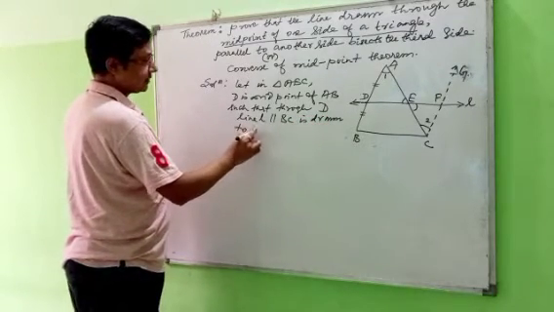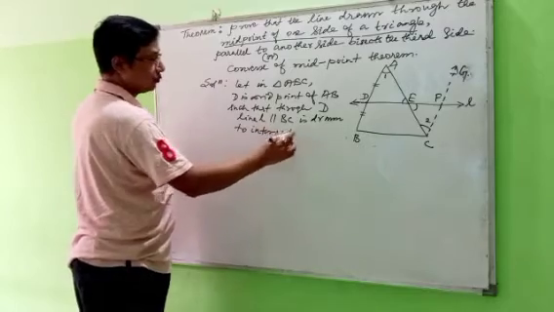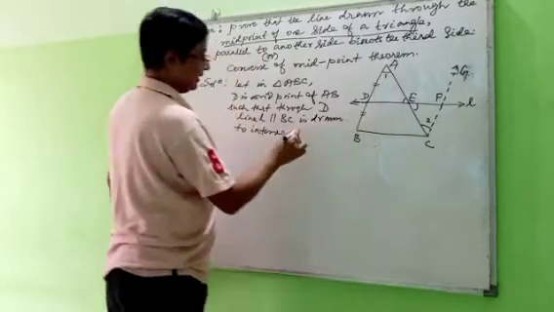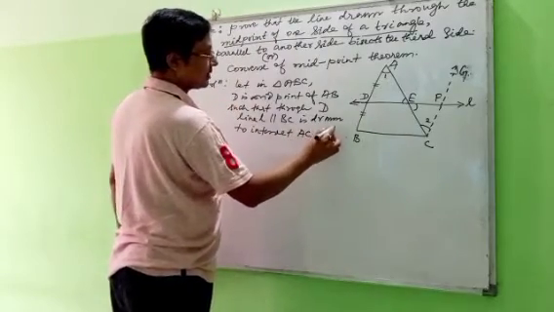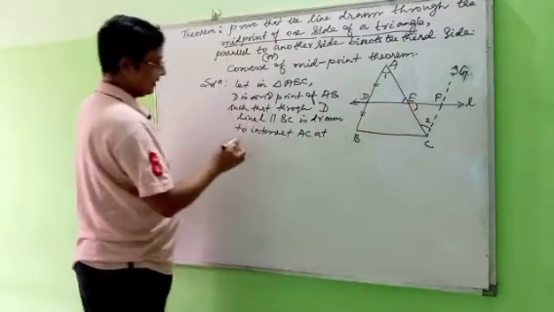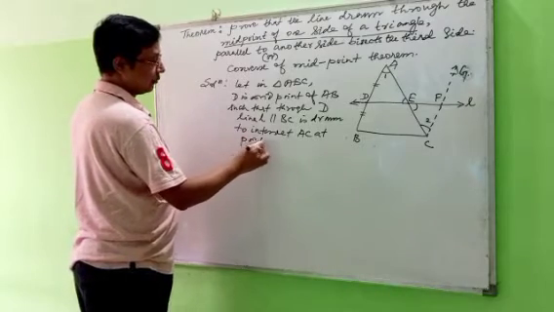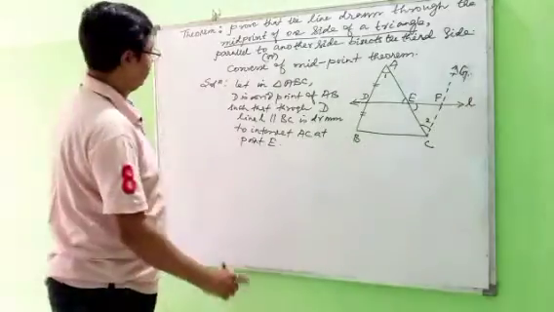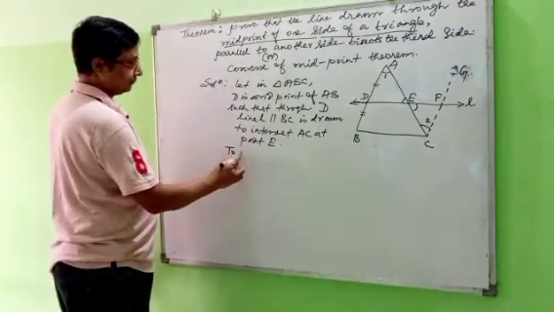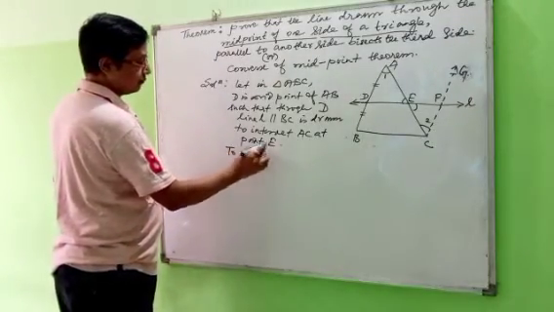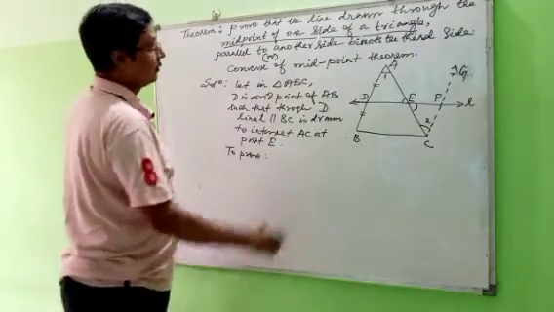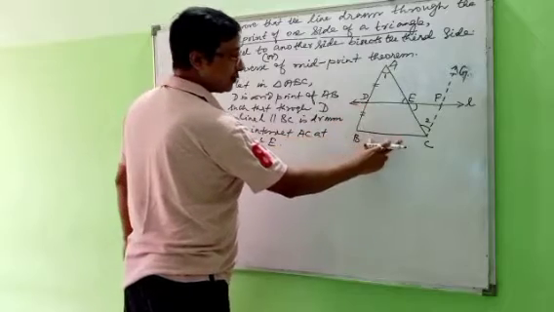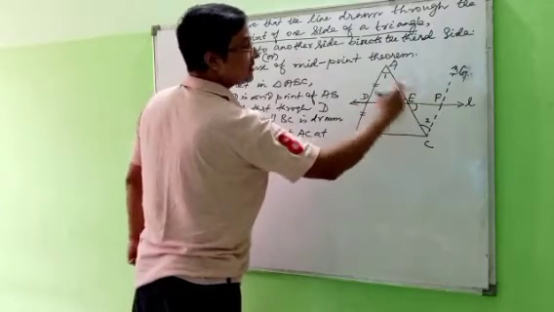So this one is given. Now to prove: the line drawn through the midpoint D parallel to the side BC should bisect the third side.